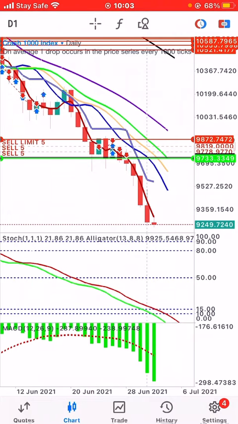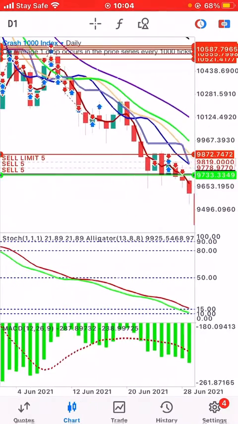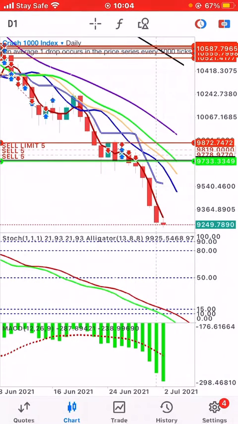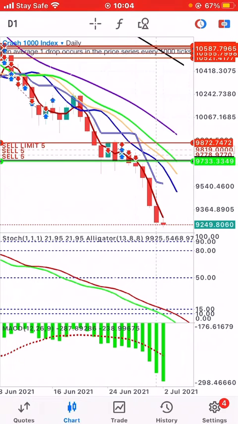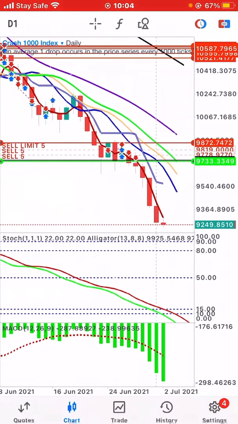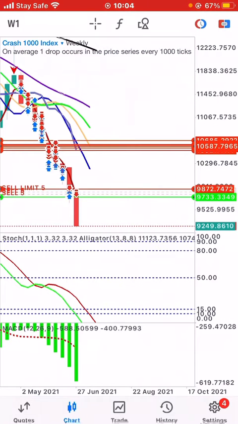You understand? So, two, you have to make sure you check your weekly time frame, daily time frame, and 4 hours time frame. If they are all bearish or bullish, let me check now. Weekly time frame, bearish.